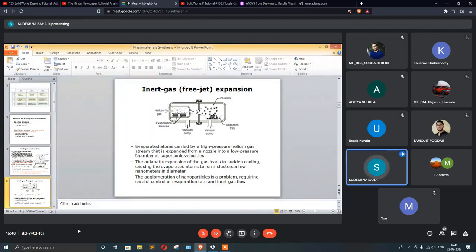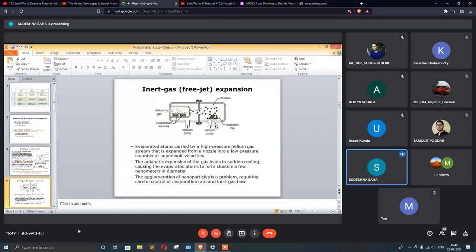The evaporated atoms are carried by a high pressure helium gas stream that is expanded from a nozzle, into a low pressure chamber at a supersonic velocity. The adiabatic expansion of the gas leads to sudden cooling, causing the evaporated atoms to form these clusters, and these clusters are then collected in a collection tray.